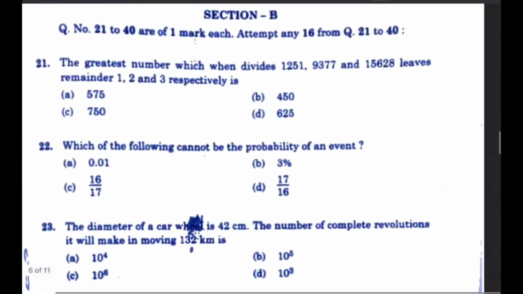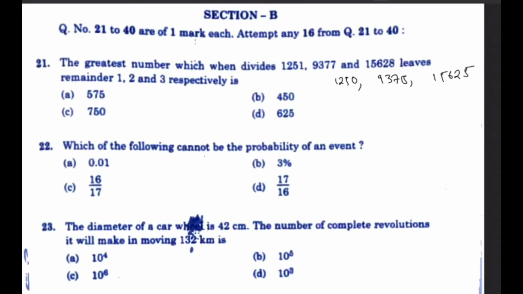Greatest number which divides and leaves a remainder. Okay, so we are looking at the HCF of 1250, 9375 and 15625. This should be 625 probably.